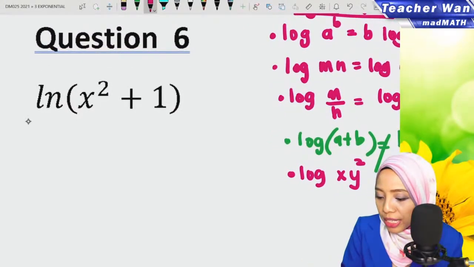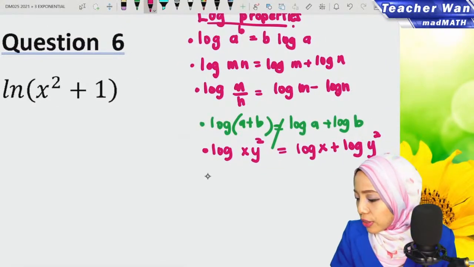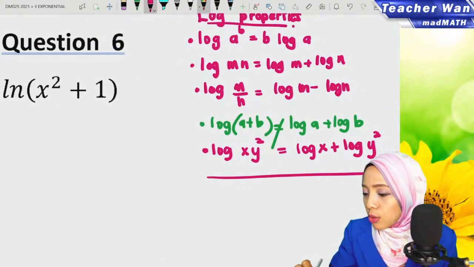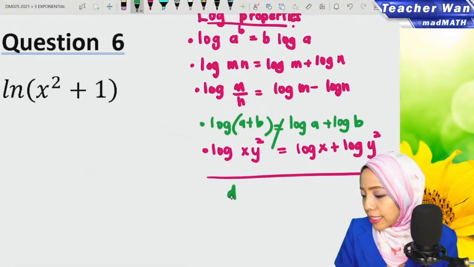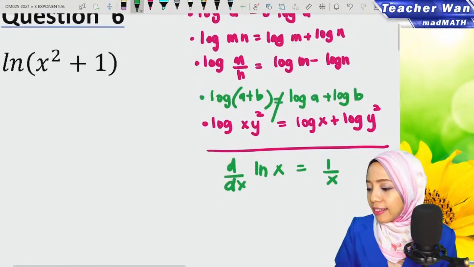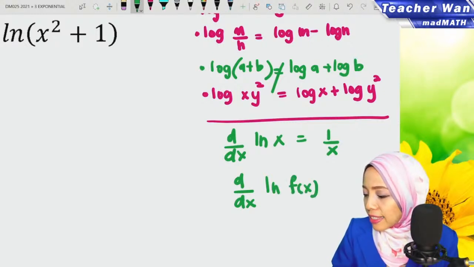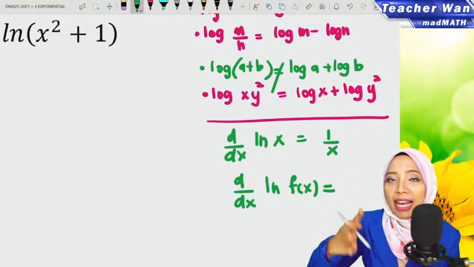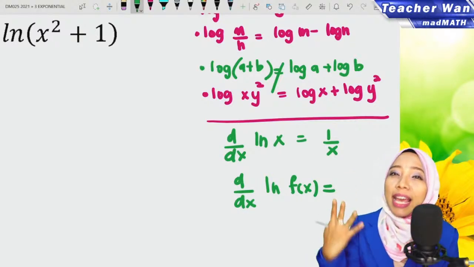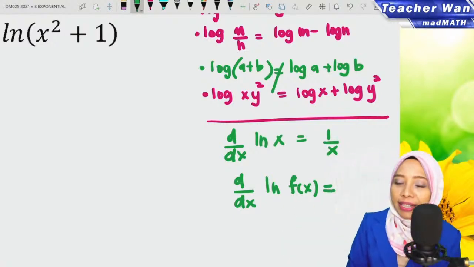So what you're gonna do is, before we go further, the derivative. Now I am talking about derivative. The derivative of ln x is equal to 1 over x. The derivative of ln f(x), meaning it is a function, no longer just x, it may be x square, x cube, 3x square plus x plus 7, for example.